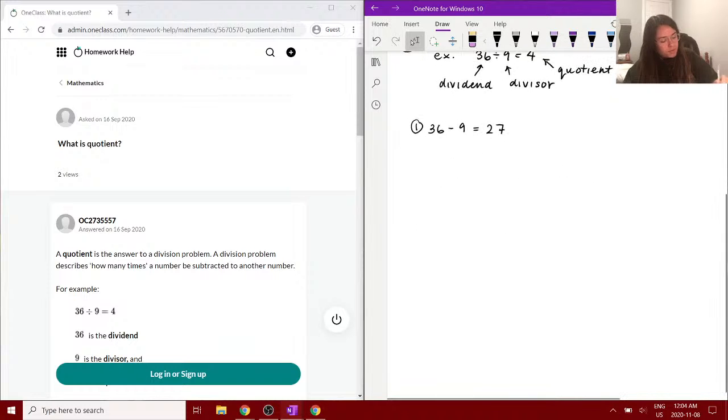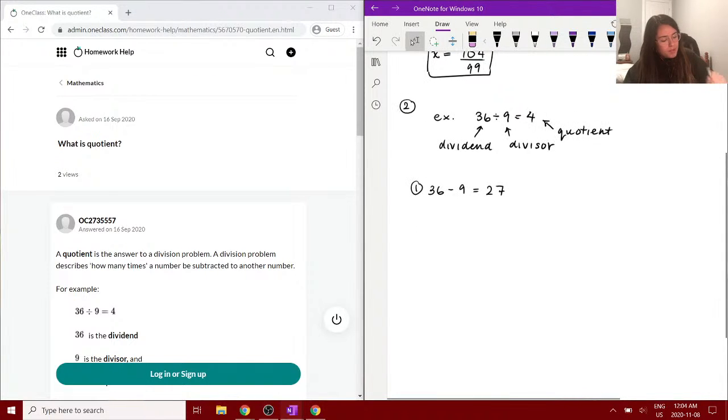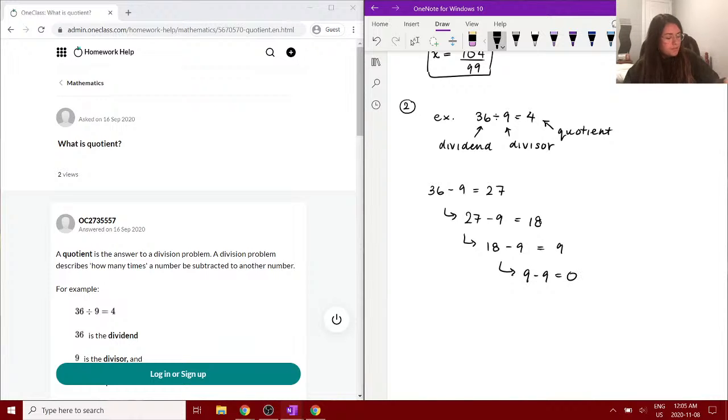So we have 36 minus 9, that's 27. So then we go again. Sorry, that might be confusing. We go again, we have 27 minus 9, and now we know that's 18. Once we have 18, subtract 9 again, and we get 9. And then the final time, 9 minus 9, we have 0.